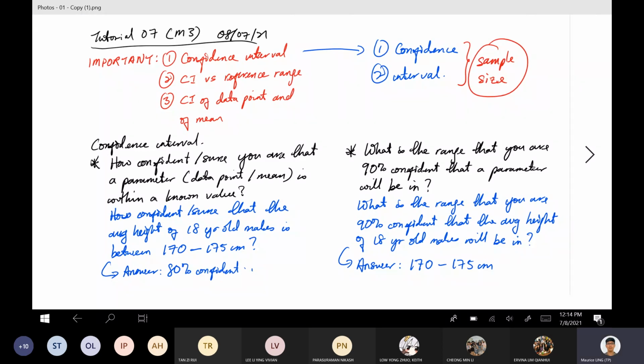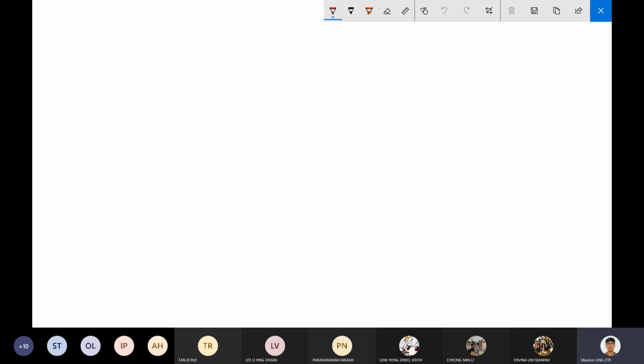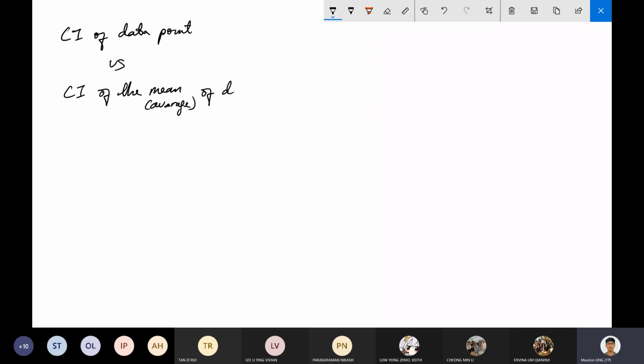Okay, so there's actually one more component which I haven't said, which is, what is the difference between data point and mean? So there's actually two things: confidence interval of the data point versus confidence interval of the mean, that means the average of the data points.